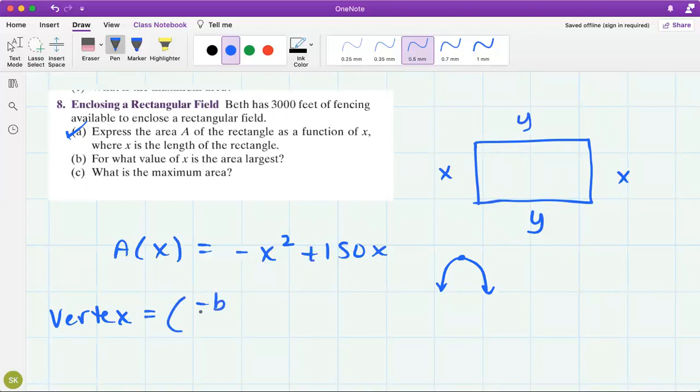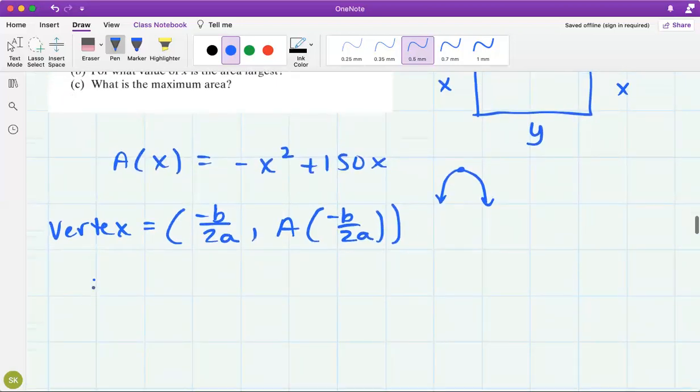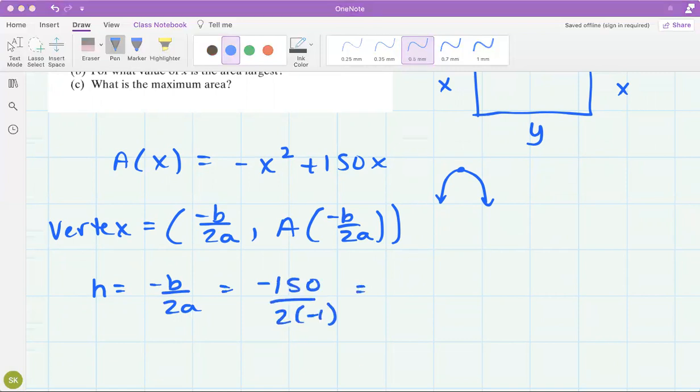And the vertex is negative b over 2a, and then plugging in negative b over 2a into the area function. So the h value, which is negative b over 2a, well, here it is negative 150 over 2 times negative 1. So that is 75. So h is 75.